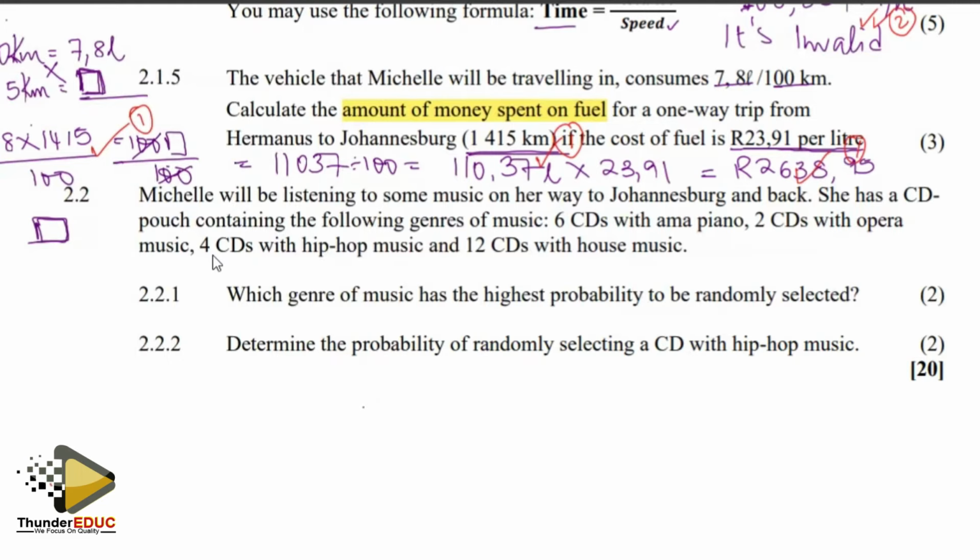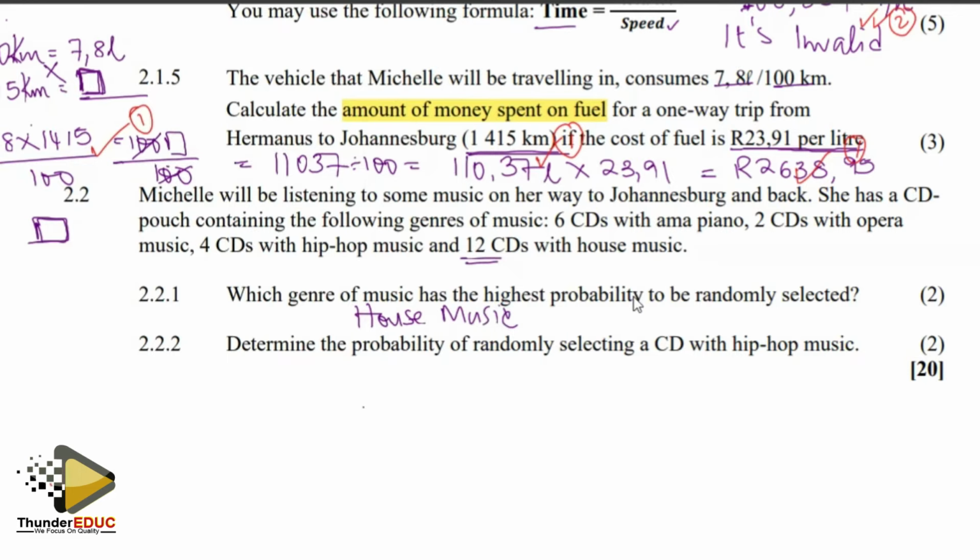Which genre of music has the highest probability to be randomly selected? Now, which one has the highest number here? It's the house music. Then determine the probability of randomly selecting a CD with hip hop.